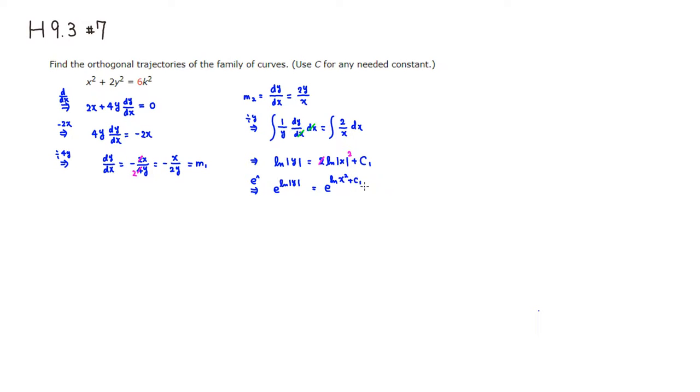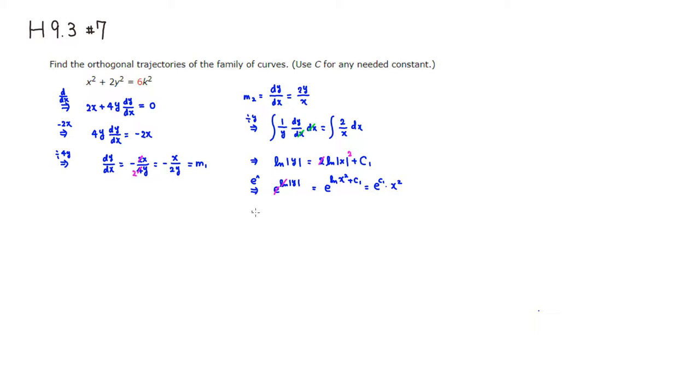We can rewrite this as e to the c1 first, and then e to the natural log of x squared would be just x squared. The exponential and log functions are inverses of each other, so they cancel out.